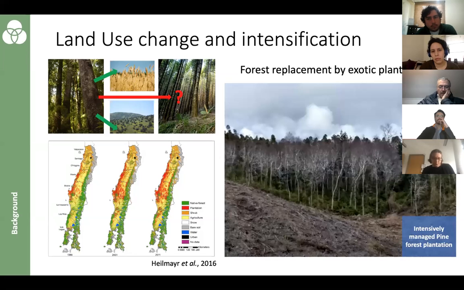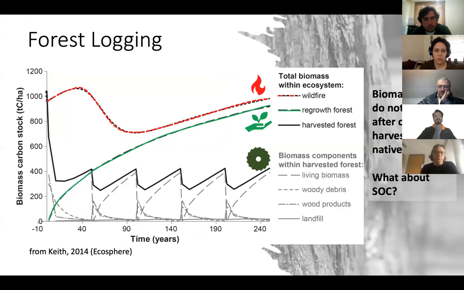In Chile, though it's not as important as the change from cropland to plantations, a significant part of the country changed from natural forest to plantations, and sometimes from natural forest to cropland to plantations, which is probably most of the surface.